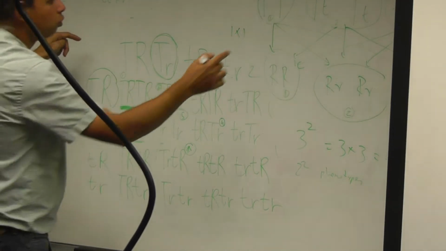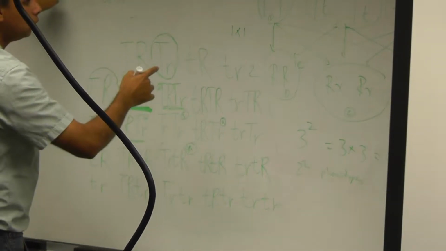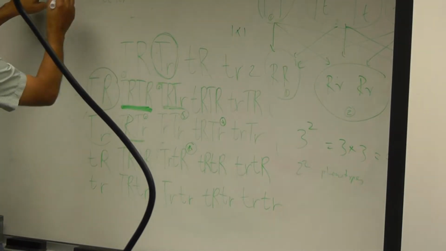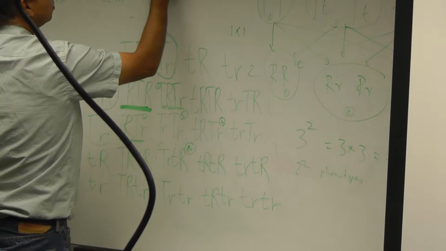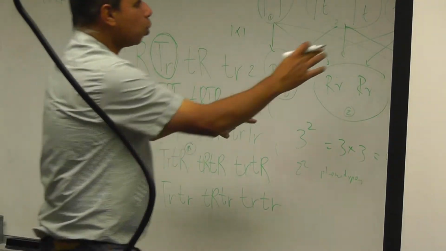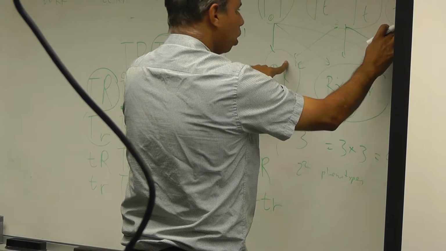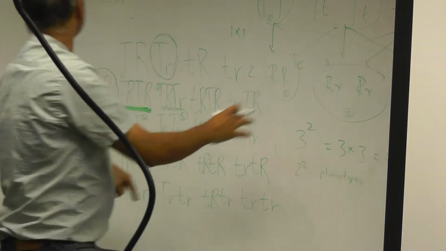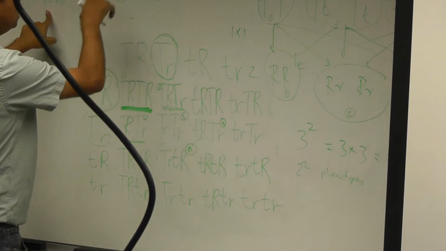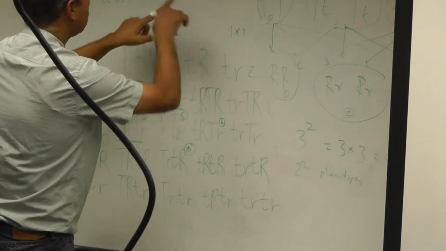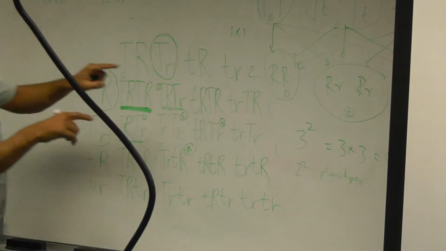So wherever is the TT, RR and RR, there will be 2 of these, right? And then this one, there will again be 1 of this and 1 of this. So this TTRR, there will be a 1, and the TTRR, there will be 1. This TTRR will be 1, right?